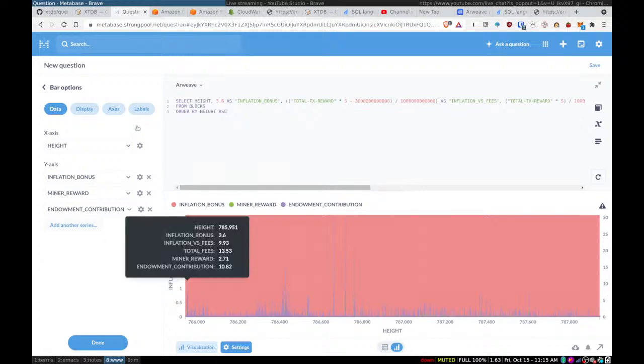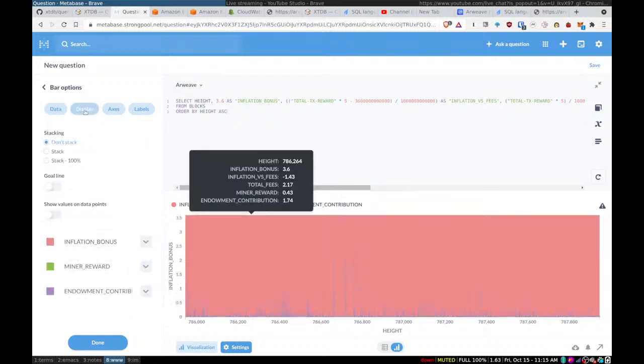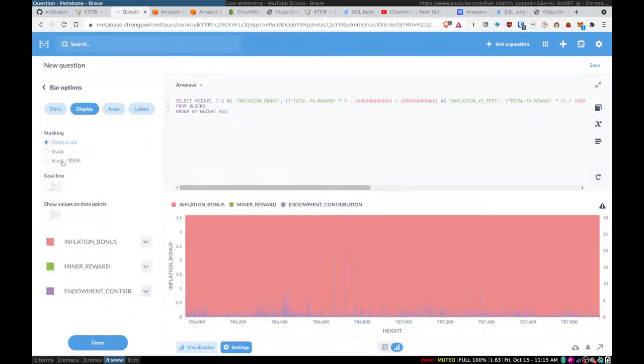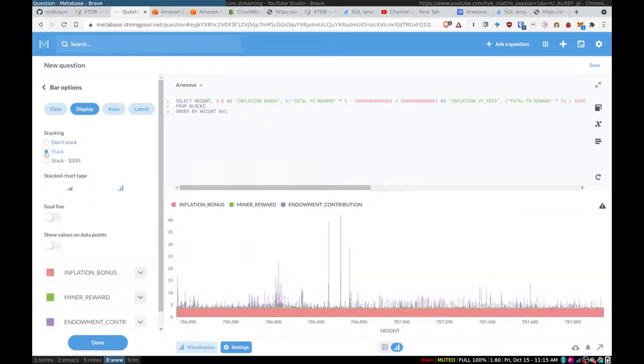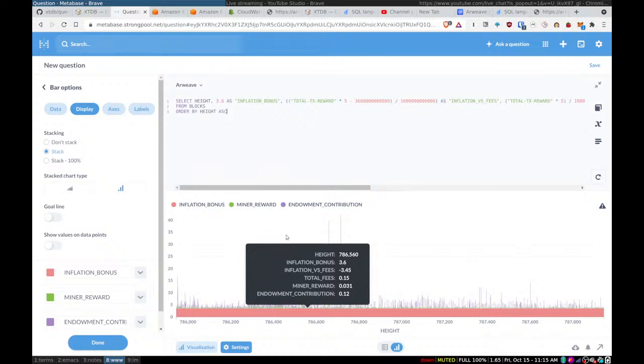And let's see, display. So this is doing, I want them stacked. And let's do, well, I think I'll leave it at that.